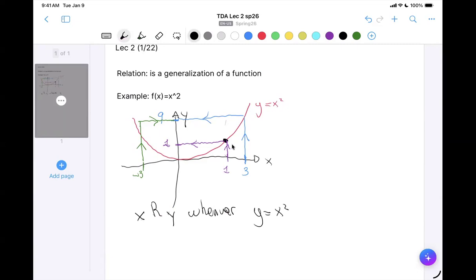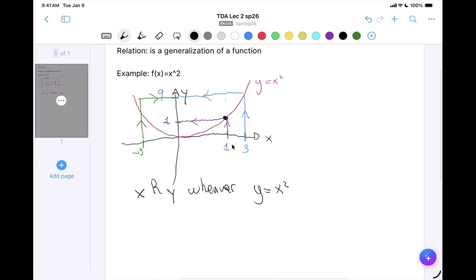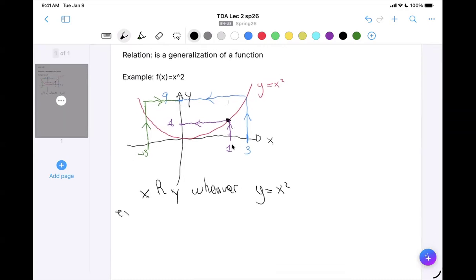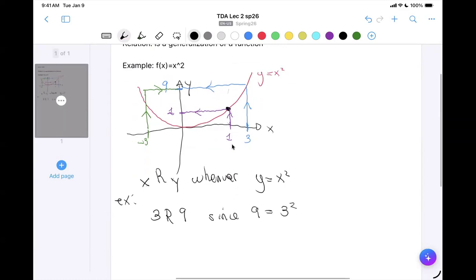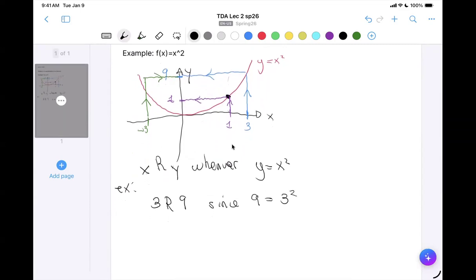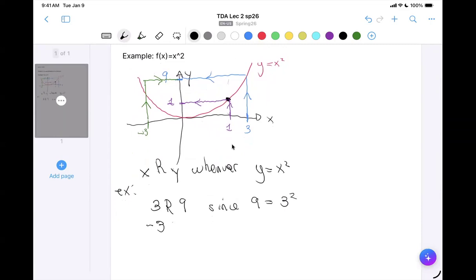For example, what I was showing you now: the number three is related to nine, because nine is three squared. Negative three is also related to nine, since nine is negative three squared.